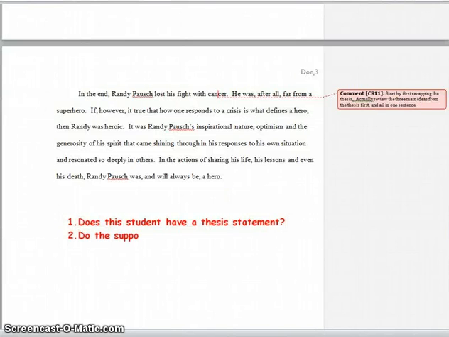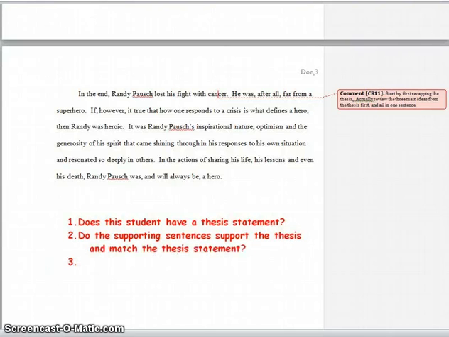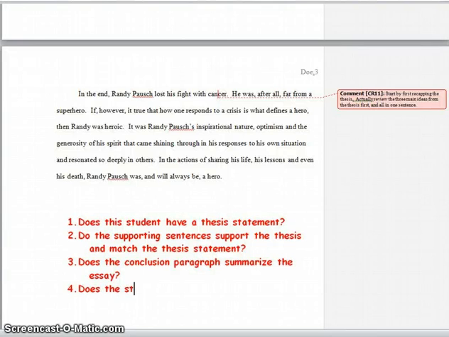Do the supporting sentences support the thesis and match the thesis statement? Does the conclusion paragraph summarize the essay? Does the student have correct MLA formatting? Is the paper double-spaced?